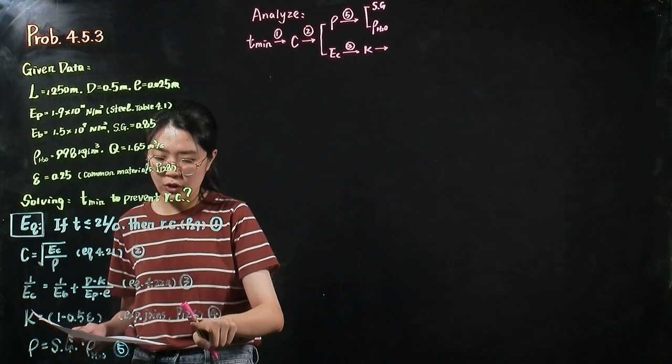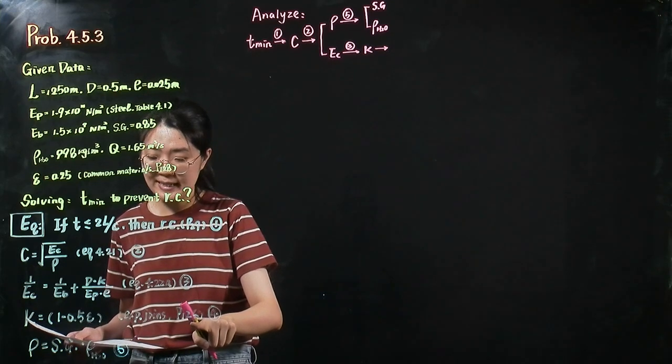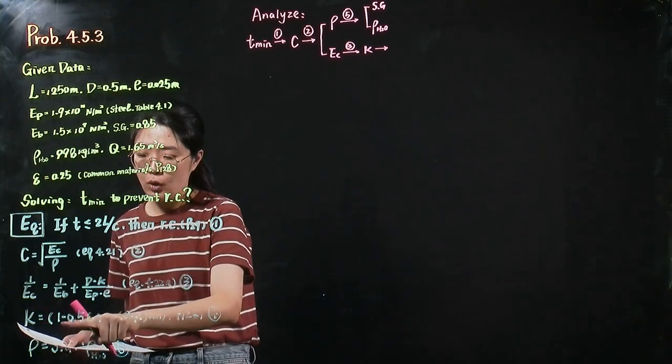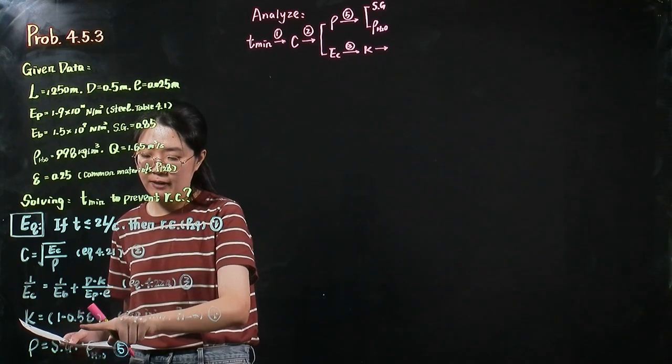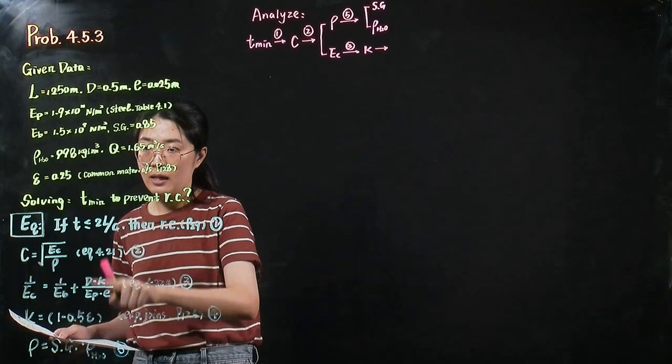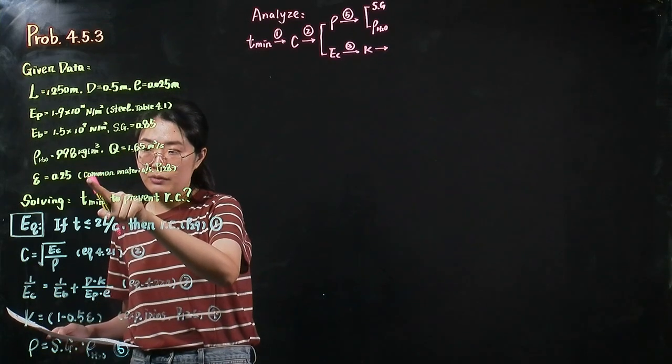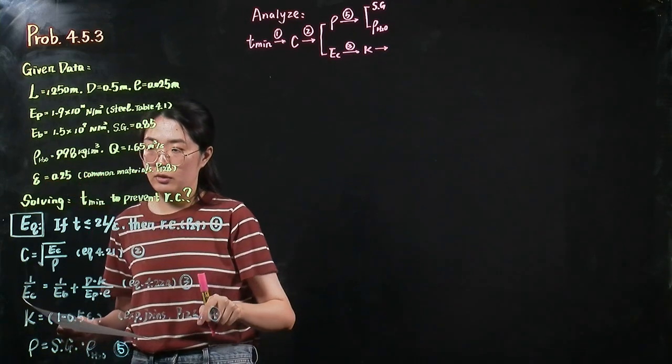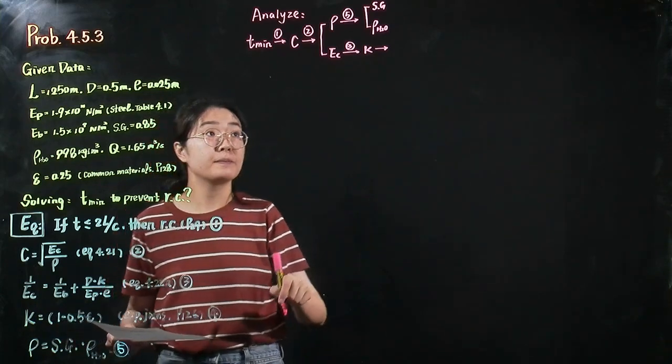K equals 1 minus 0.5 times sigma. Sigma is a Poisson parameter. For common materials, sigma typically equals 0.25.